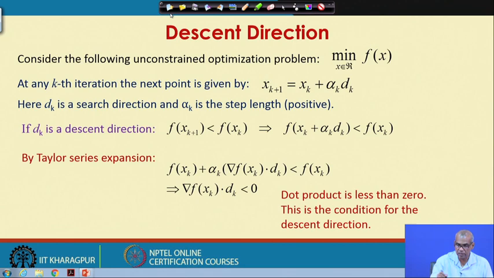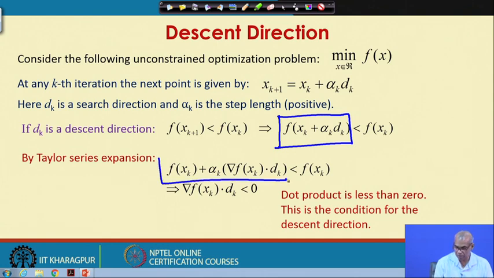So, the Taylor series expansion of this can be written as this.